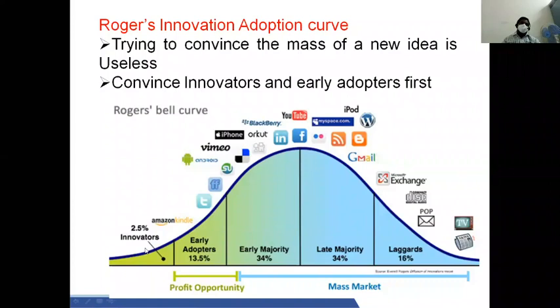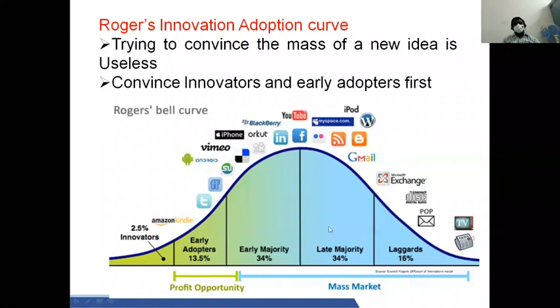Innovators will be looking for new products all the time. Early adopters too: when a new product is introduced into the market, they focus only on innovators and early adopters. If they are using it comfortably, the early majority will adopt it and start using it. This time the market grows.